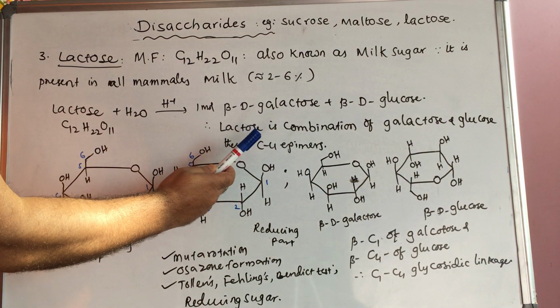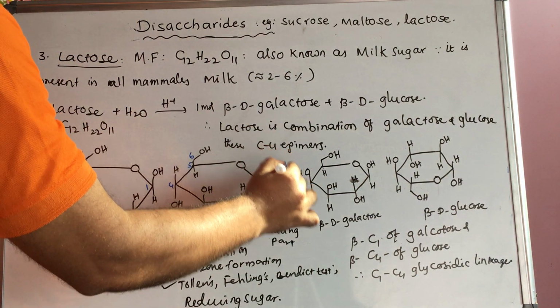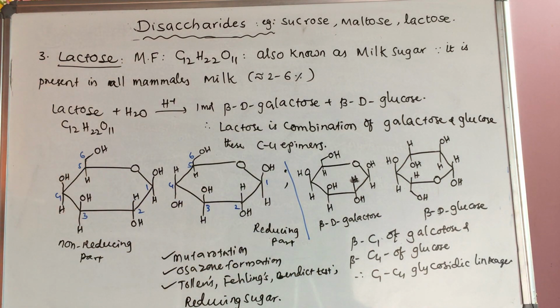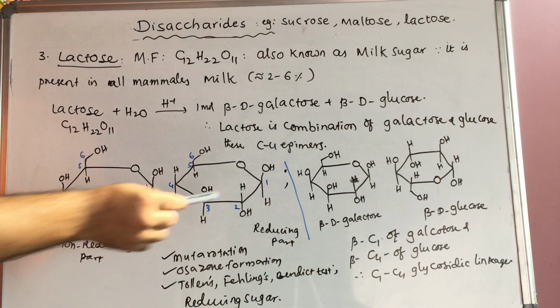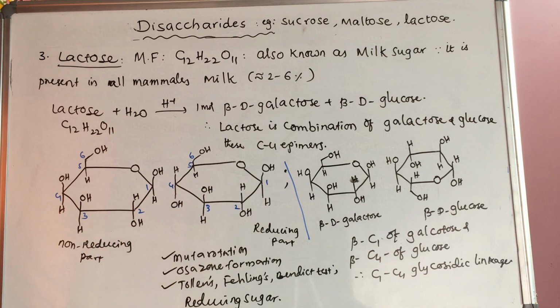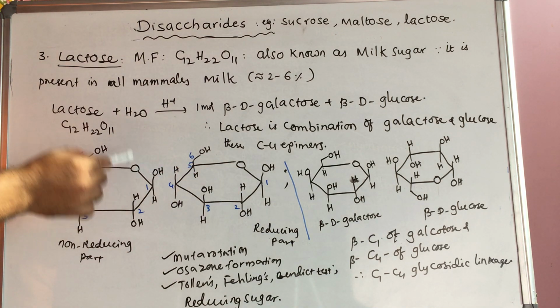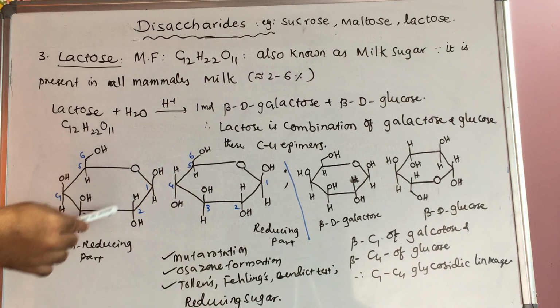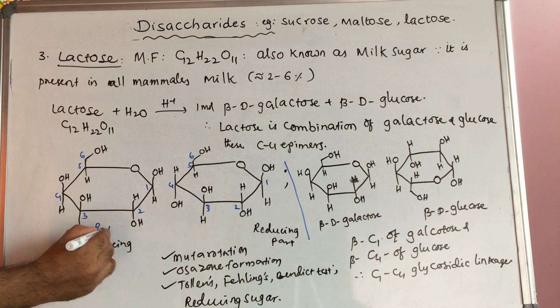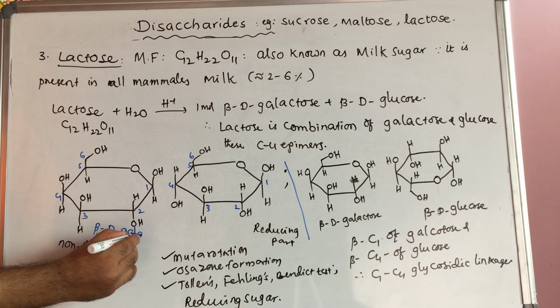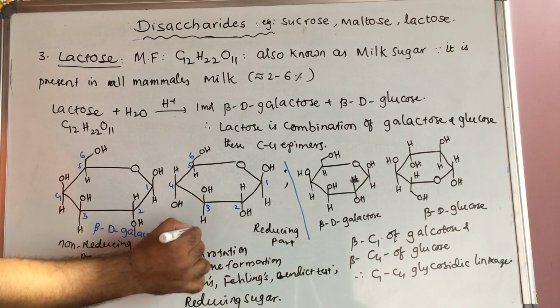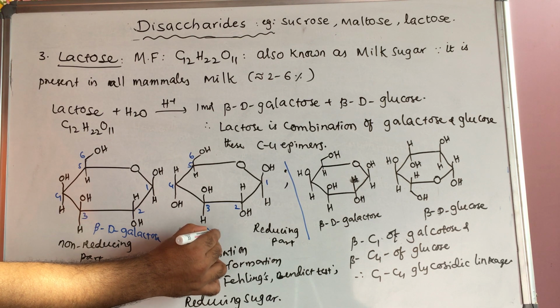The right side part is beta D glucose and the left side part is beta galactose. OH is on the same side as the cyclic oxygen, the beta form. This is beta D galactose. This is beta D glucose.